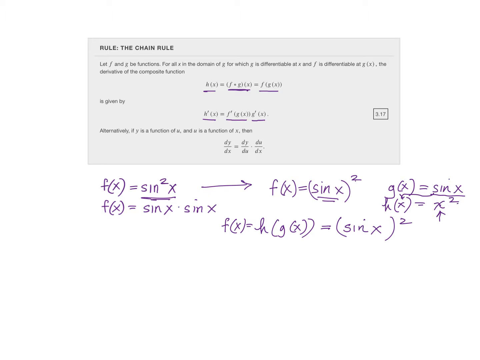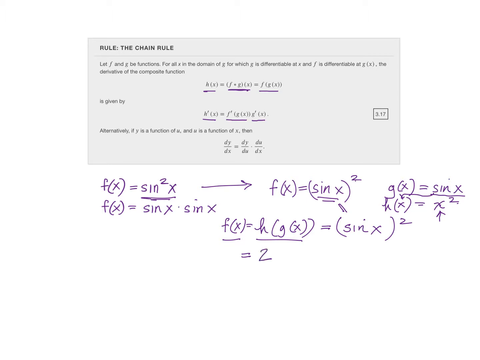So notice that these two things are the same. This is the same as this, right? So I've written f of x as the composition of h of x and g of x. Now, the chain rule for derivatives tells us we're going to take the derivative of the outside function, and the outside function is my h of x, which is x squared.